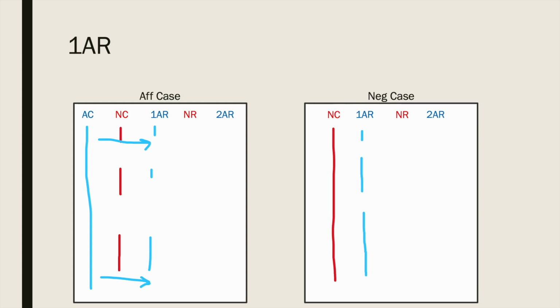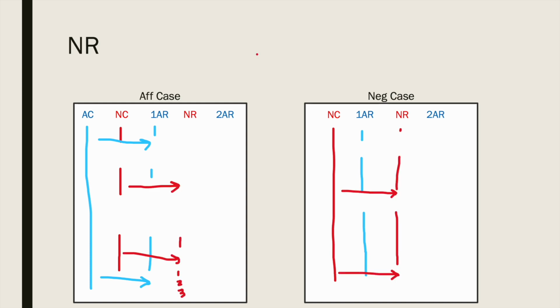And then on the neg sheet of paper, when the 1AR gets to the neg case, we're going to flow their responses to the neg case just next to that NC column in the color pen that represents the affirmative speaker.